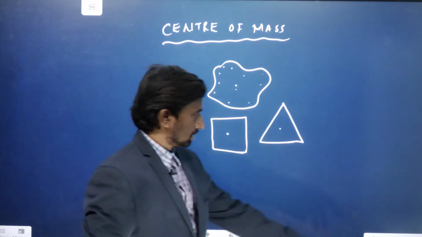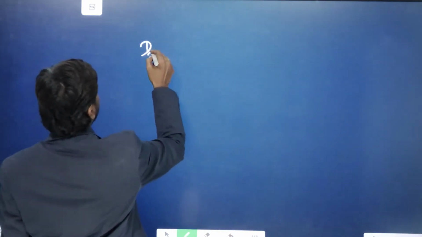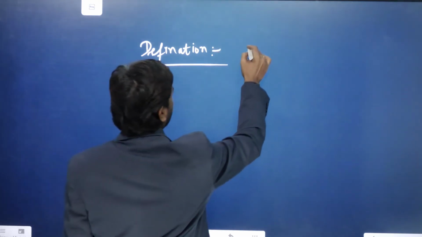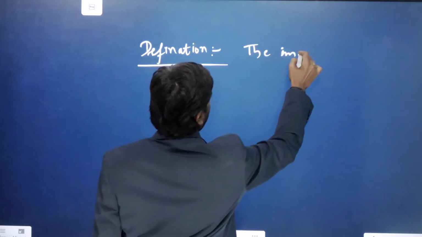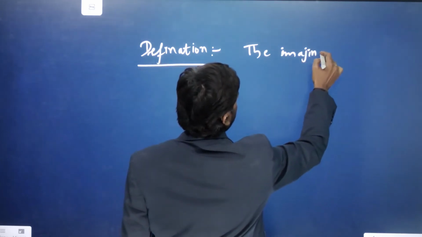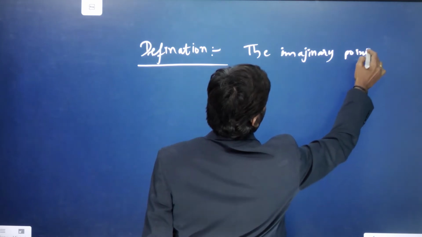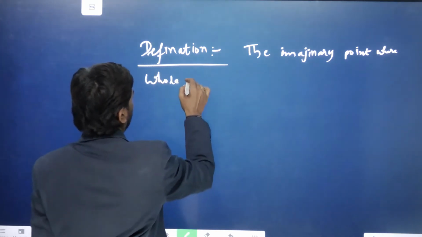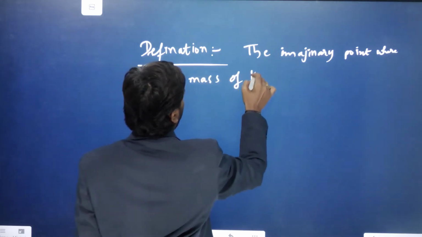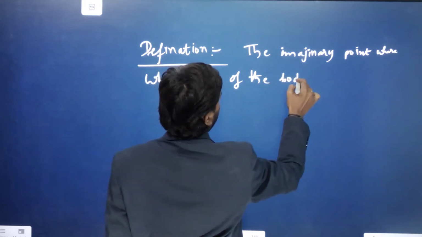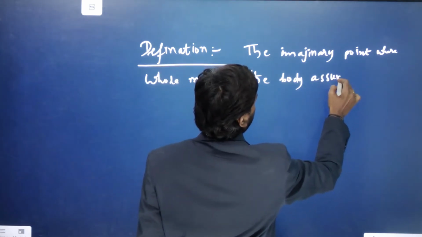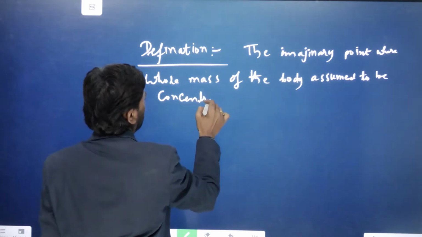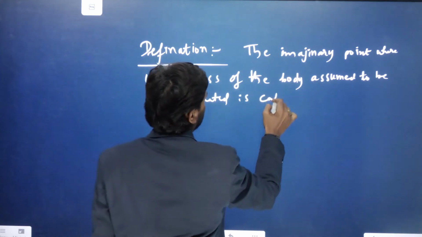You can write the definition of the center of mass. The imaginary point where the whole mass of the body is assumed to be concentrated is called the center of mass.